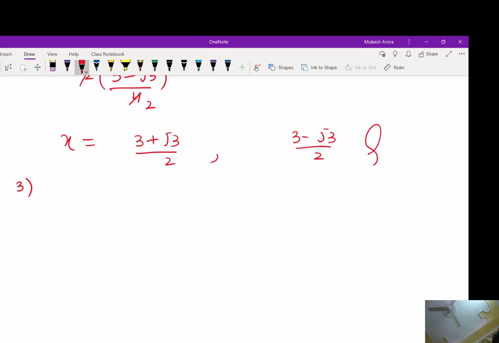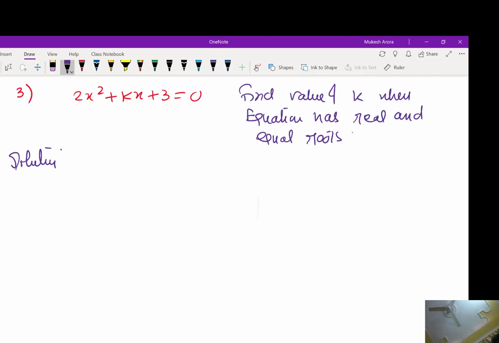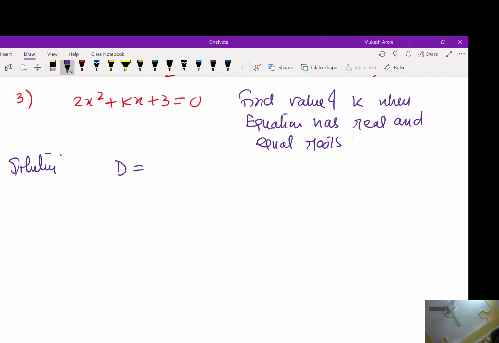Now if the question comes 2x square plus kx plus 3 is equal to 0, find the value of k when the equation has real and equal roots. Solution: real and equal means D is equal to 0.